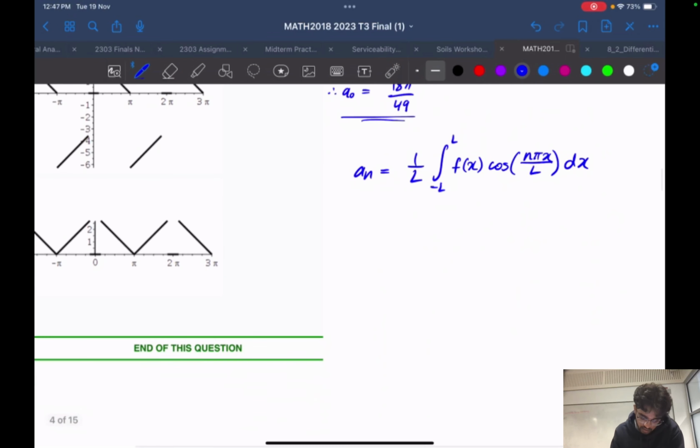As already discussed, L is pi, so it's minus pi to pi of f of x cos of nx dx.